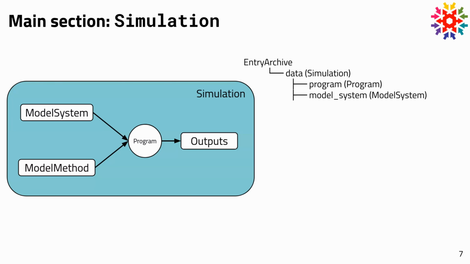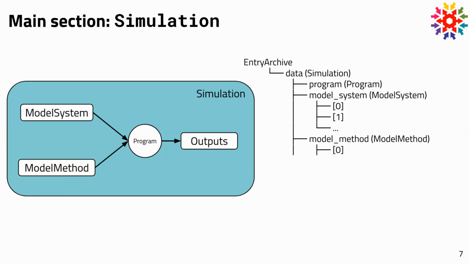Here, one detail is that subsections can be repeated or not, in the sense that they can be a list or a single element. That's why program in this case is just a single element, so we don't have a repeated list of programs associated with a simulation entry. But we can have a repeated list of model systems, probably referring to, for example, the evolution of a geometry optimization, or some steps that were simulated through a molecular dynamics simulation, right?